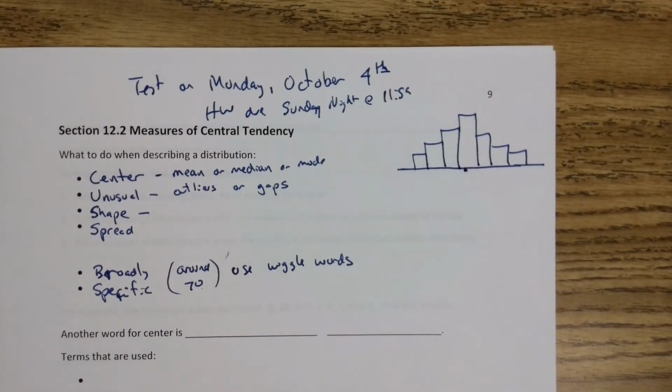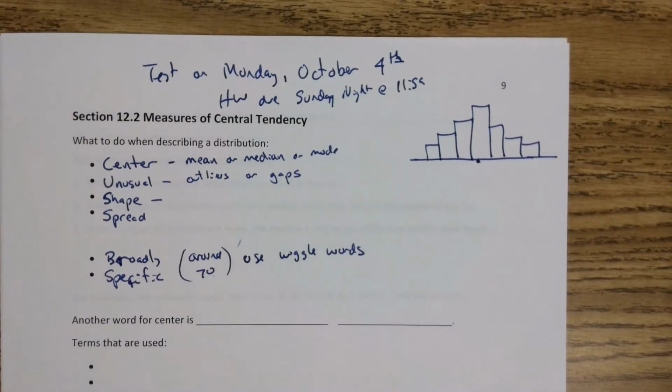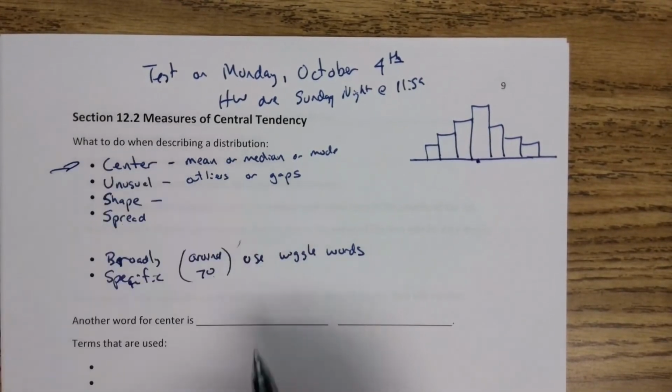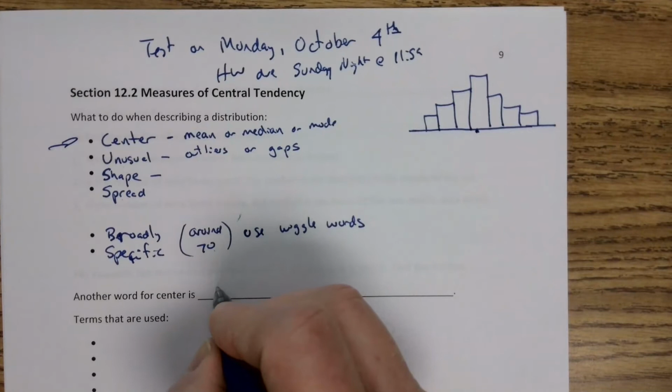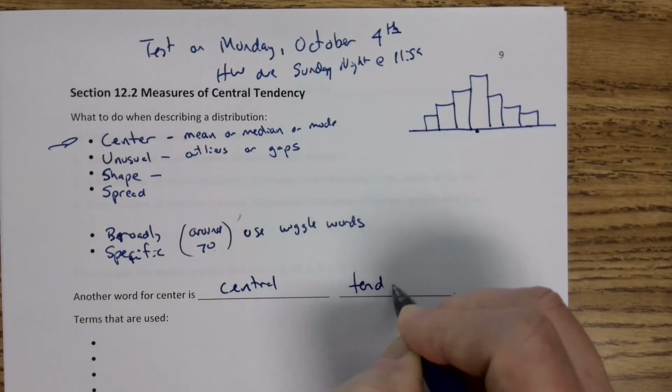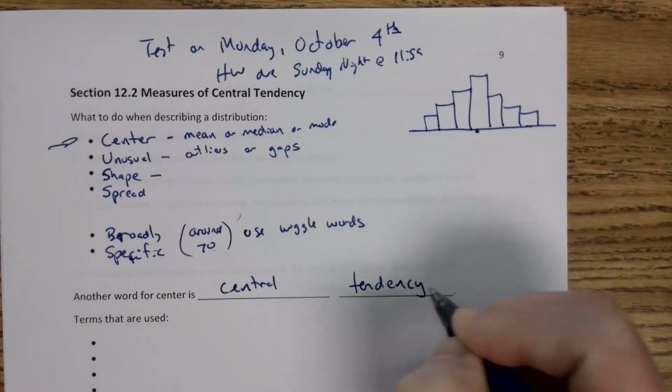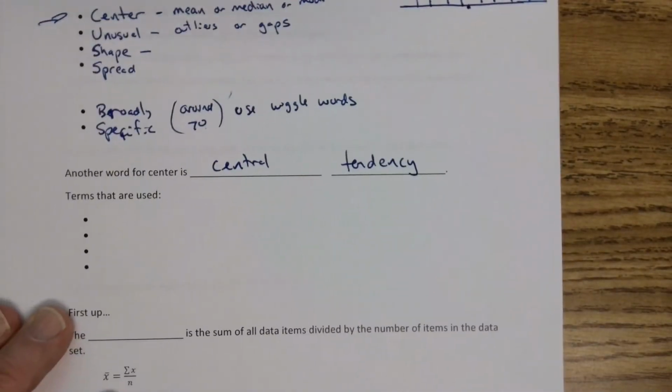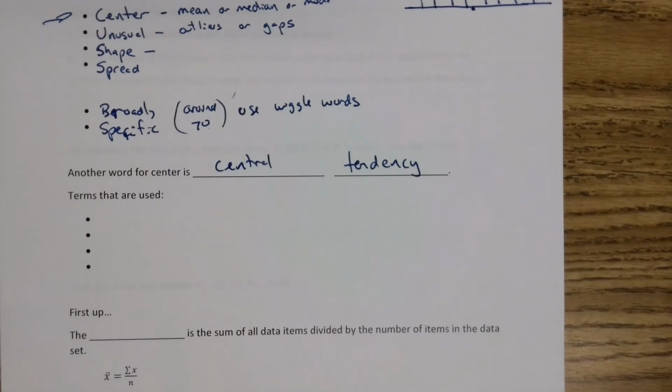Okay, so in our book, today we're talking about center, and our book doesn't call it center, it calls it central tendency. And I tend to spell tendency incorrectly.